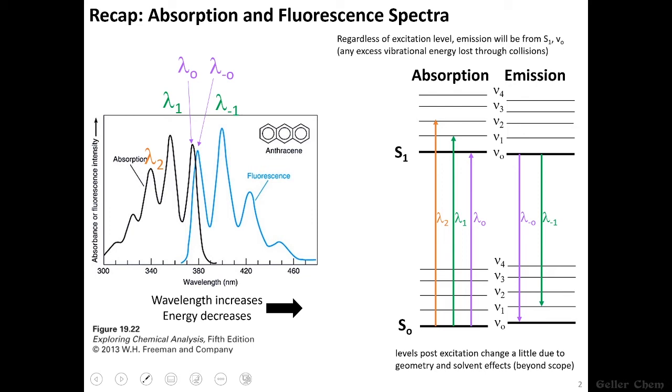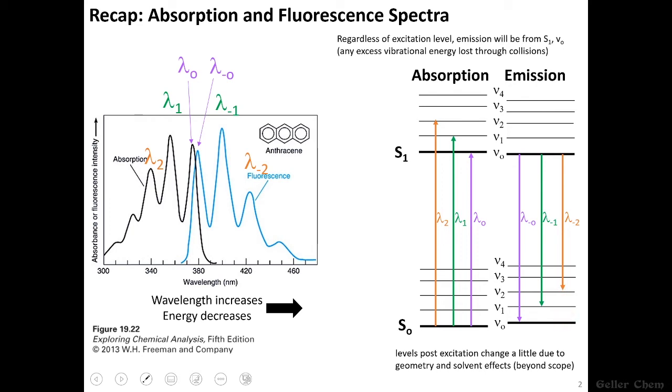But the bottom line is the light that's emitted would have a lower energy and thus a longer wavelength than this light here. And we see that in our spectrum as well, right? Longer wavelength light being emitted than this one here, and then in turn this peak corresponds to an even lower energy relaxation process from emission that leaves the molecule in an even higher vibrational state, but again, we just lose that energy through collisions.